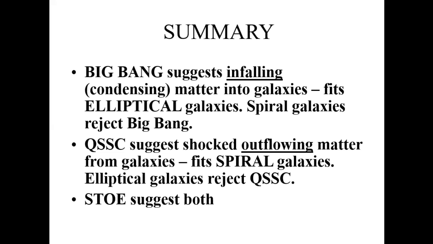This fits spiral galaxies very well, and many of the analyses that Narlikar does in the book, he's talking about spiral galaxy anomalies in the standard model. However, elliptical galaxies reject the QSSC because they have stuff flowing in. The STOE suggests sources, matter flowing out, and sinks, matter flowing in, so the STOE suggests both.